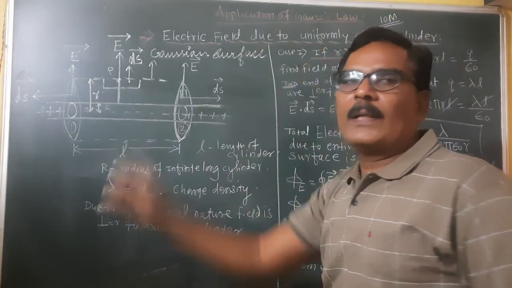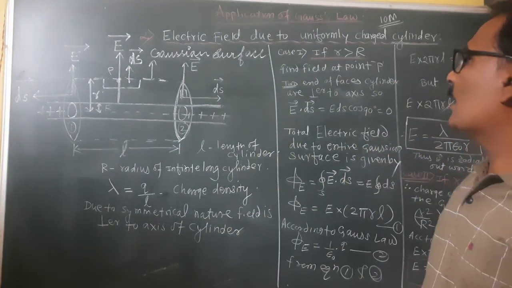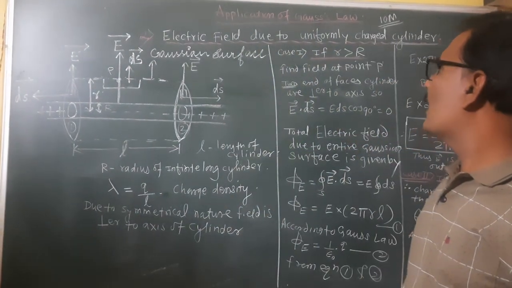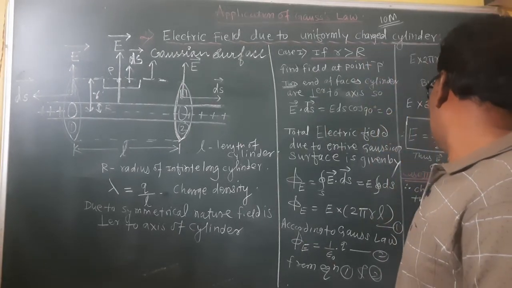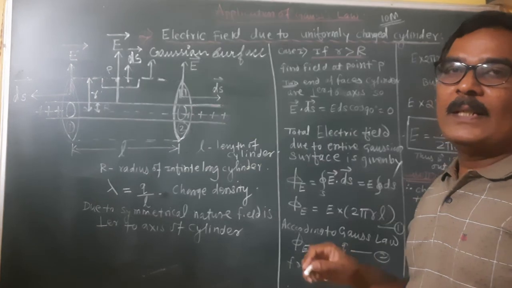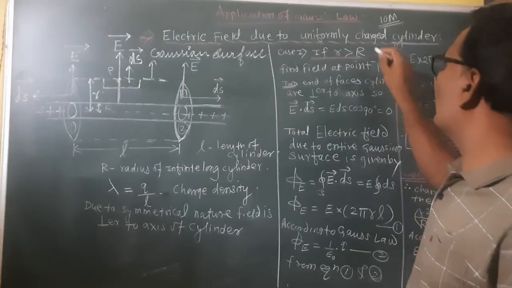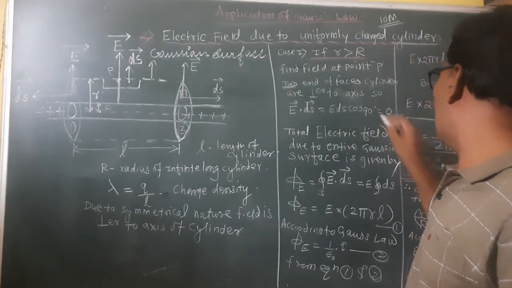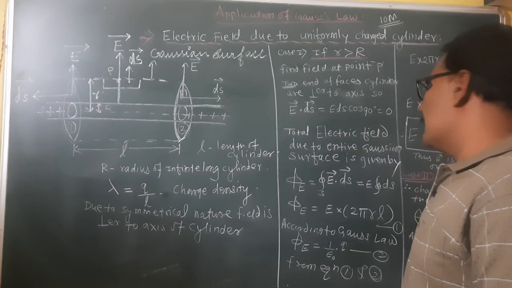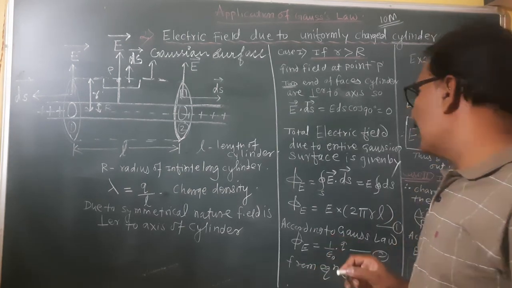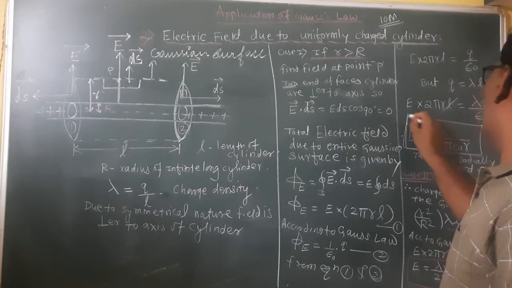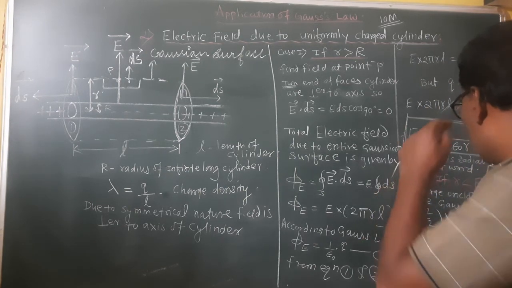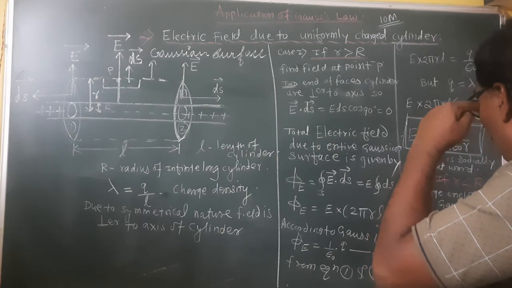Derive an expression for electric field intensity of a charged cylinder and discuss the two cases: small r greater than capital R, and small r less than capital R. From these cases we get very important formulas.